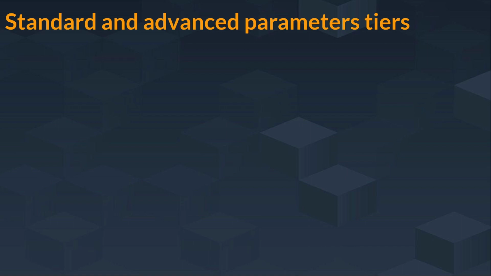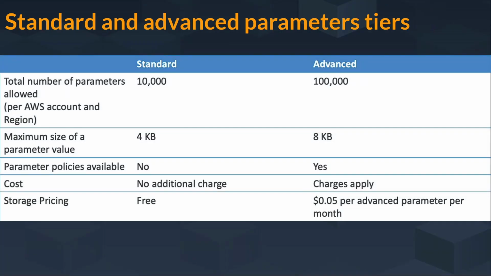Next, we have two tiers, which are standard and advanced parameter tiers. In standard, the total number of parameters allowed is 10,000. In advanced, the total number of parameters per AWS account and region is 100,000. The maximum size of a parameter value in standard is 4 KB. In advanced, it is 8 KB.